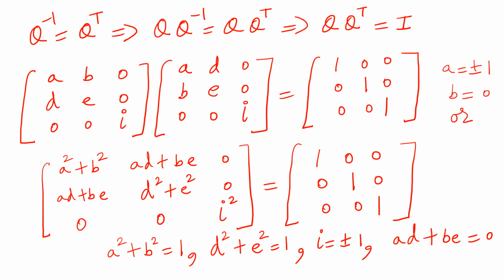Or if A is equal to 0, then B must be equal to plus minus 1, right? Similarly, if D square is equal to 1, then E must be 0. And if E square is equal to 1, then D must be 0. Now students, we move further.